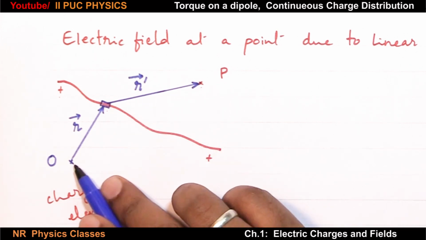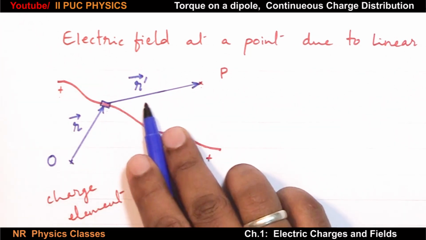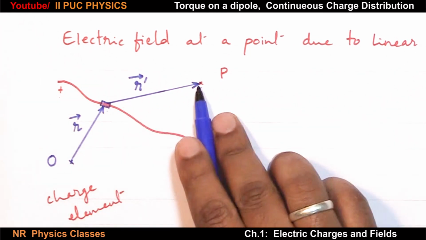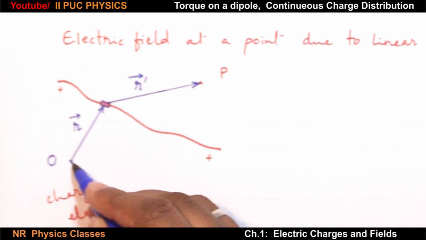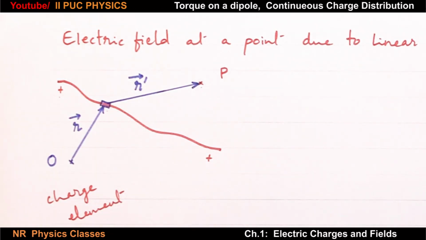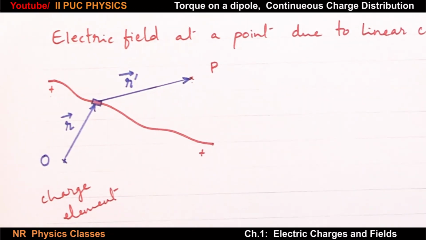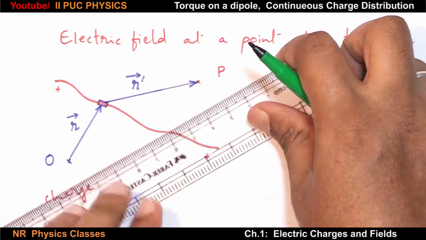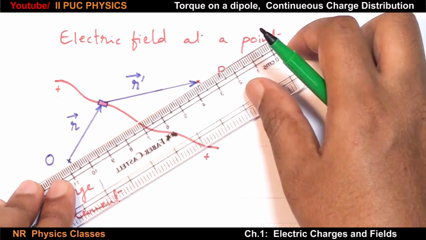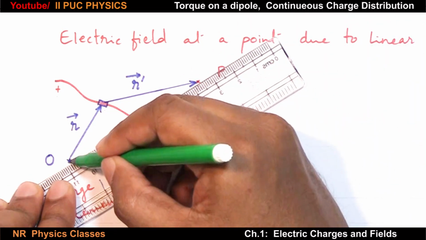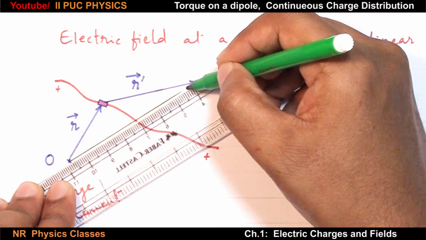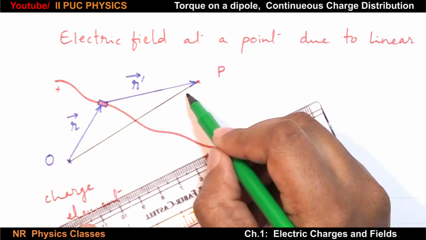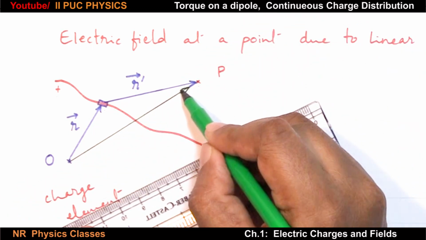If you can see, these two vectors are in order. So what is the resultant vector? Resultant from the origin means the closing side of the triangle taken in the reverse order. So this is the closing side taken in the reverse order.